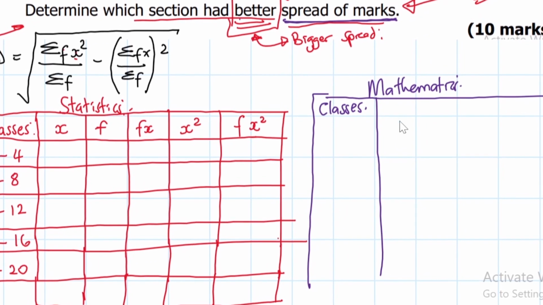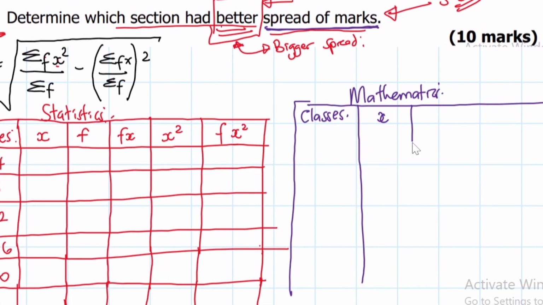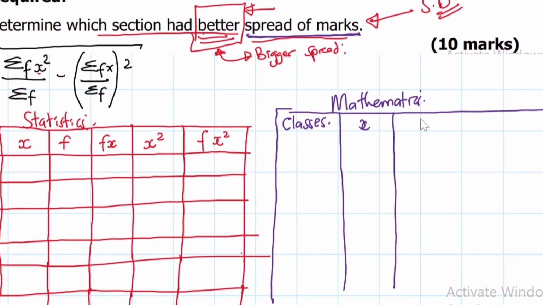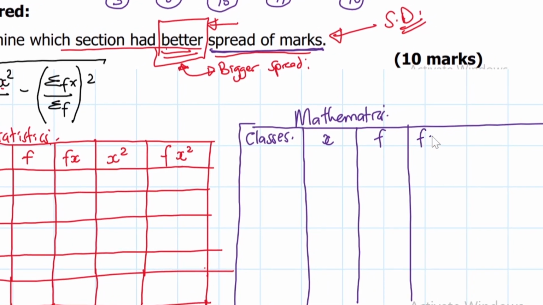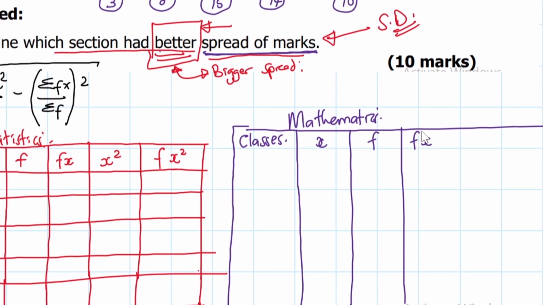Then we have our value of x. Then we have the frequency, f times x. We are doing f times x because it's required in the formula up here. Then we shall also do x squared because it's in the formula. Then we also need f times x squared, like that.